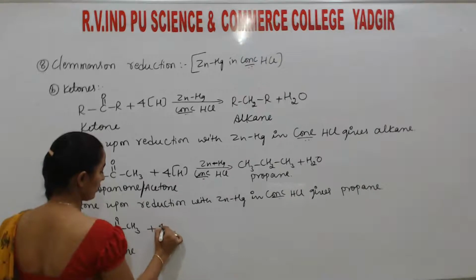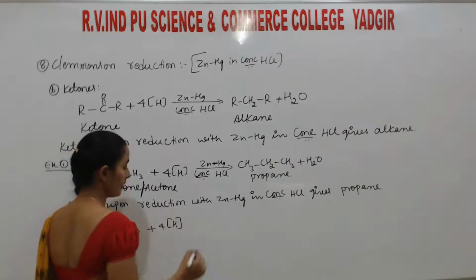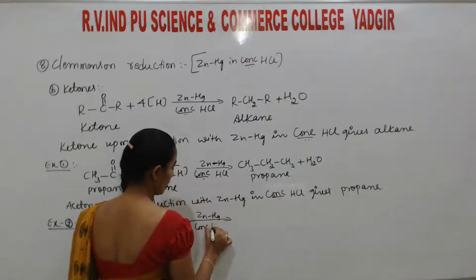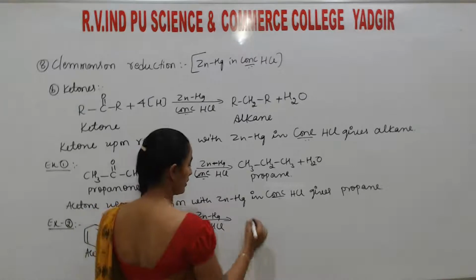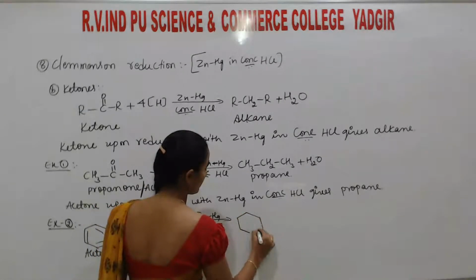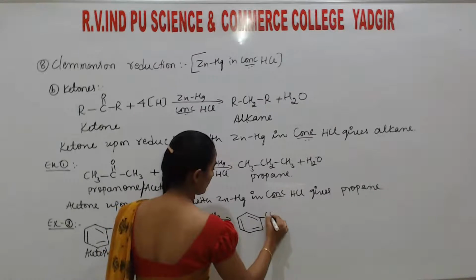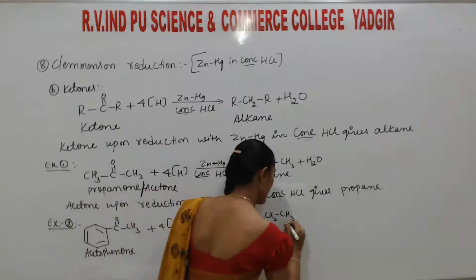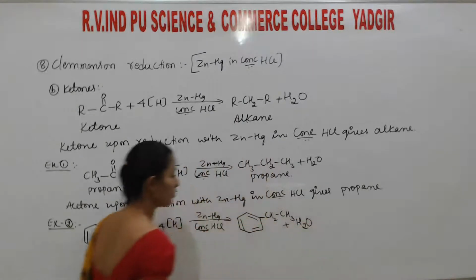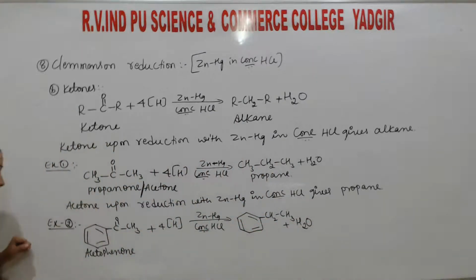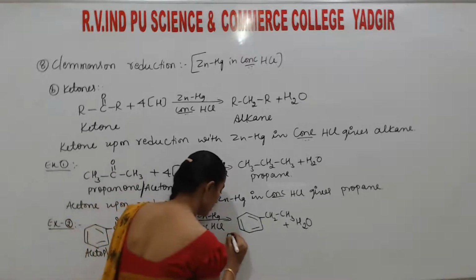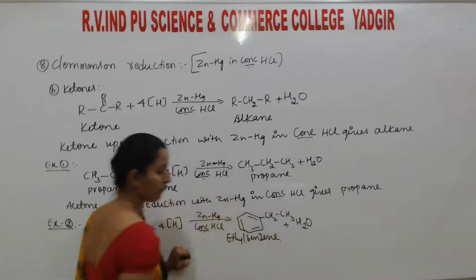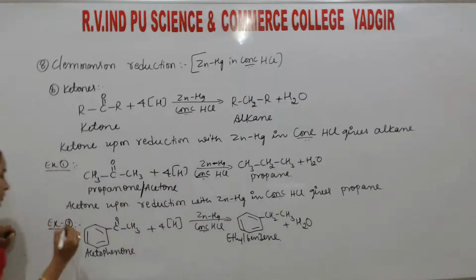Acetophenone upon reduction with zinc amalgam in concentrated HCl gives ethyl benzene plus H2O. Okay, so how do you write?